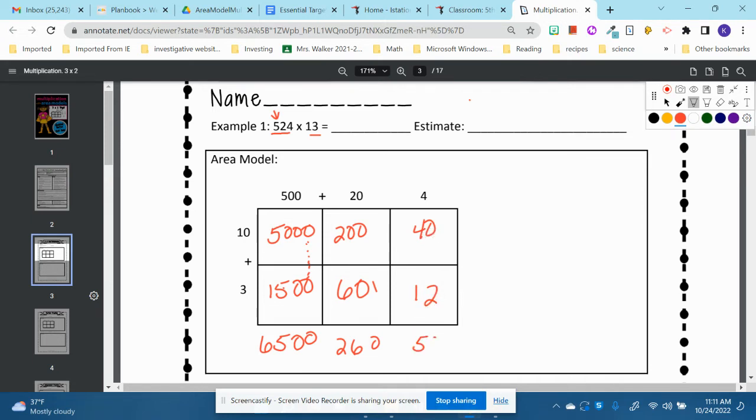So it'll be 52. Now I'm going to add these all together, and I'm going to make sure I line up my place values when I'm doing that, because if I don't line up my place values, it's a big mess. This is 2. This is 11. Carry the 1. 6 plus 2 is 8 and 6. So we have 6,812.